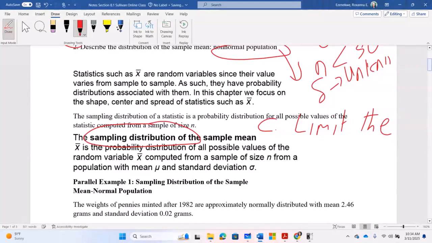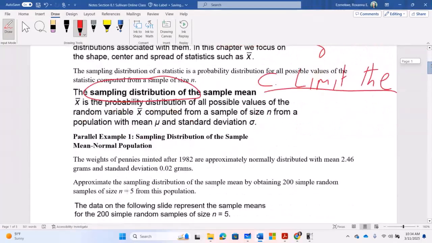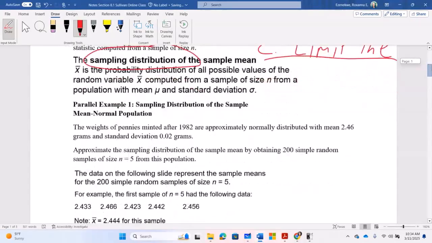So this section is the central limit theorem, or the sampling distribution. All right, so this is just the notes on this section. The first thing is to read the notes before you start reading the PowerPoint.